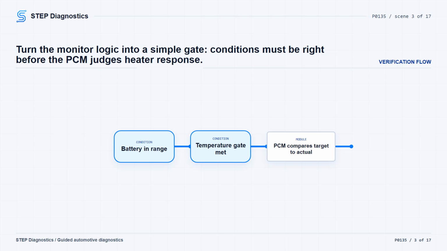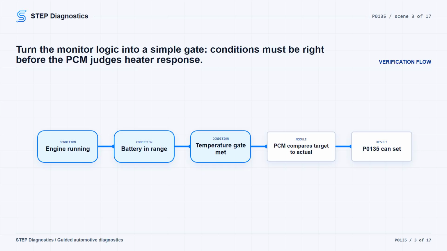Engine coolant temperature at startup is above 7 degrees C, 44.6 degrees F. Ambient temperature is above 7 degrees C, 44.6 degrees F. The difference between coolant temperature and ambient temperature is greater than 9 degrees C, 16.2 degrees F at engine start, or the O2 sensor heater temperature is greater than 401 degrees C, 753.8 degrees F for more than 20.0 seconds.